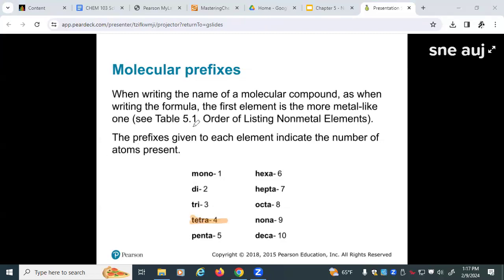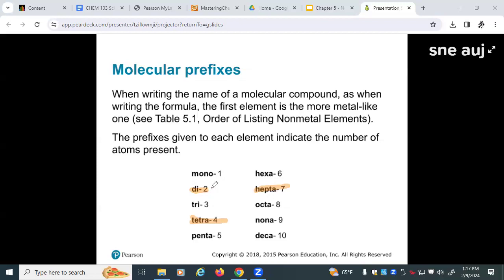Tetra for 4 instead of quadra. Hepta for 7 instead of septa. Di for 2 instead of bi. But those are really the only ones that are unusual.